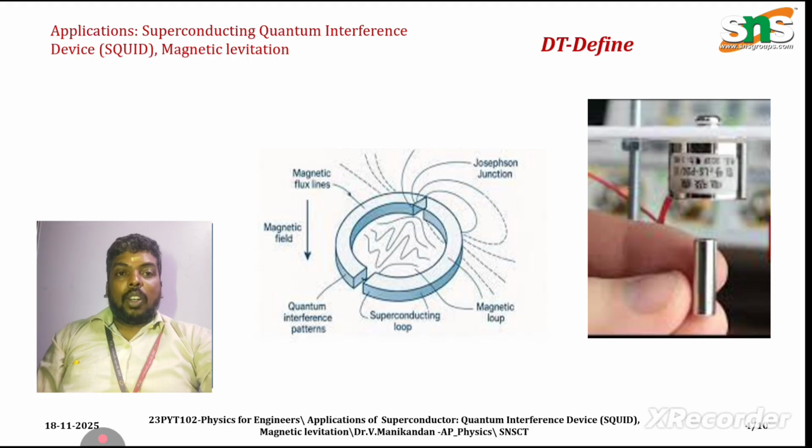The coil is made of superconductors and kept below the critical temperature, the transition temperature, so the magnetic lines of force are expelled. Once the superconducting coil is fabricated and kept below that temperature, it expels the magnetic lines of force.